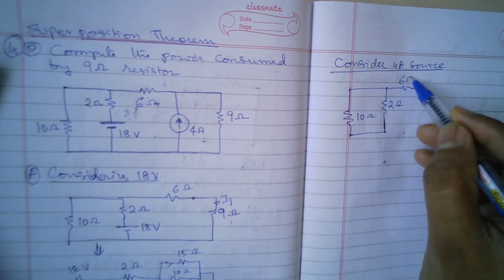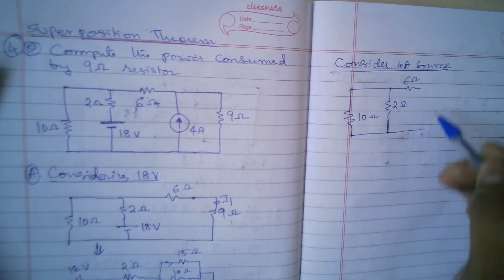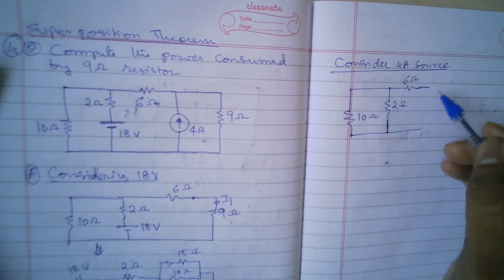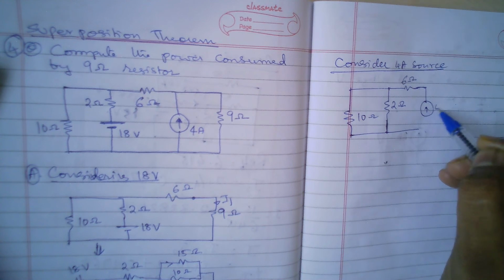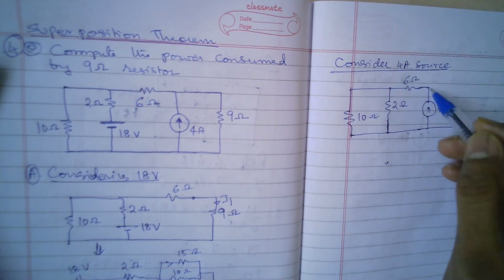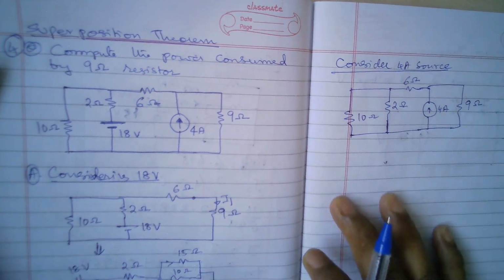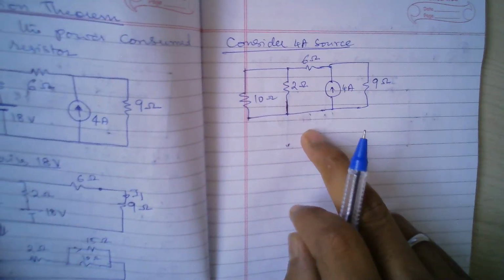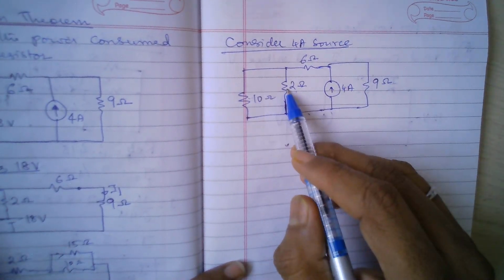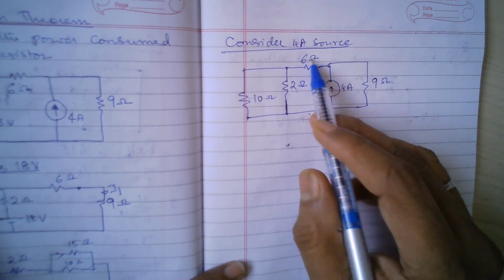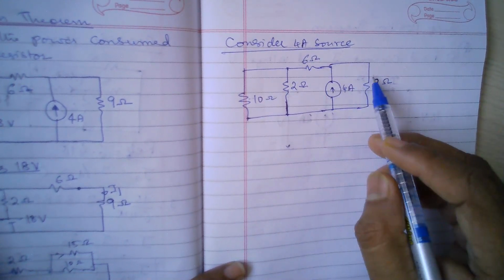Then I have 6 ohms here, 4 amperes here, and 9 ohms here. If you look at this circuit, 10 and 2 are in parallel, in series with 6, and that whole branch is in parallel with 9.